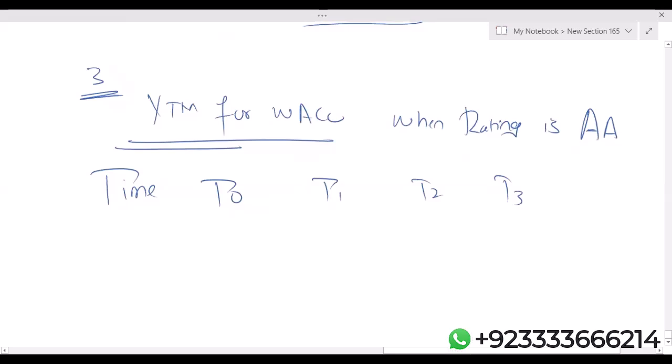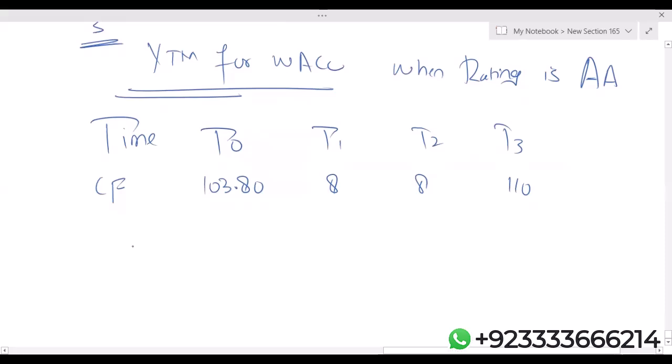The examiner has not given us any tax rate, nothing, he's just asking YTM. If you recall, we take market value of the bond, which is 103.8. Cash flows will be 8, 8 and 110. After that, students, you just use the IRR shortcut. You will have your answer.